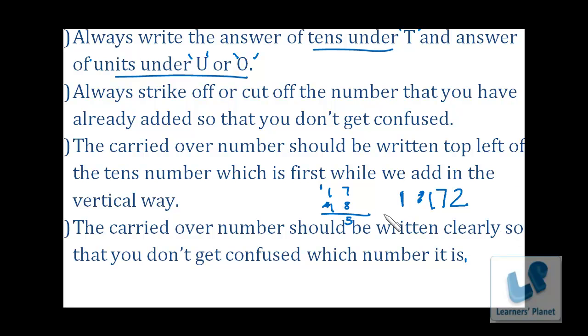If your numbers are big, like 17 and 18 over here, then you can write the carried over number as big as this. But if the numbers are small, then just write it in a small way over here. It should be clear even if you write 2 or 3, and it should be visible.